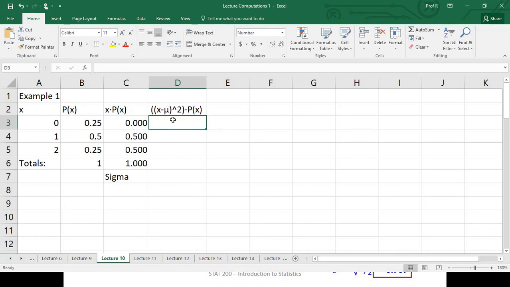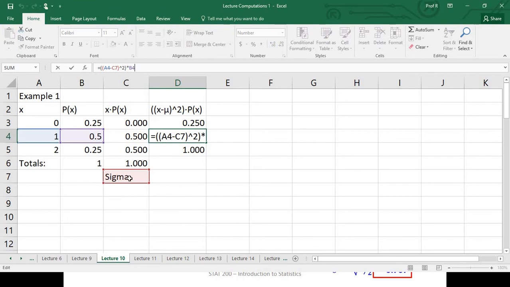So now we want to compute x minus mu squared times probability of x. So we're going to do x minus mu, because this is summing down, so that's mu. We want to square that, and then multiply that times the probability of x, which is this. Now, if we just drag this down, we're going to get an error here.